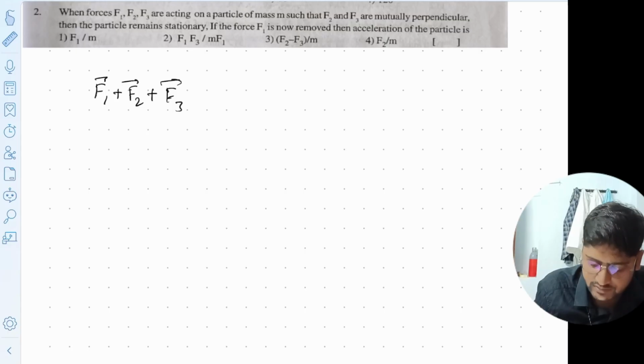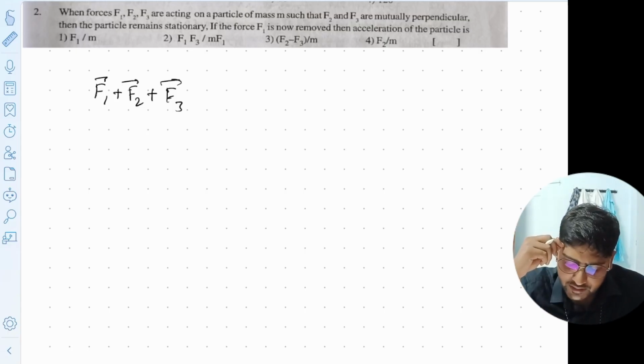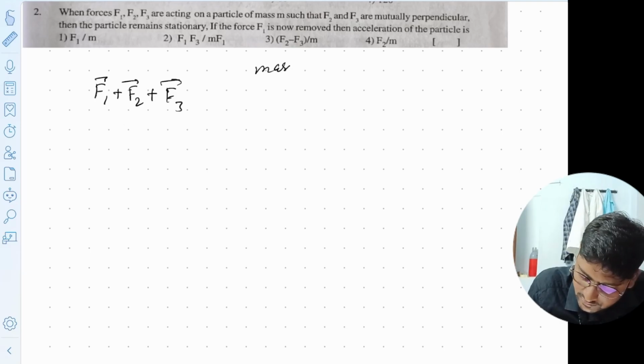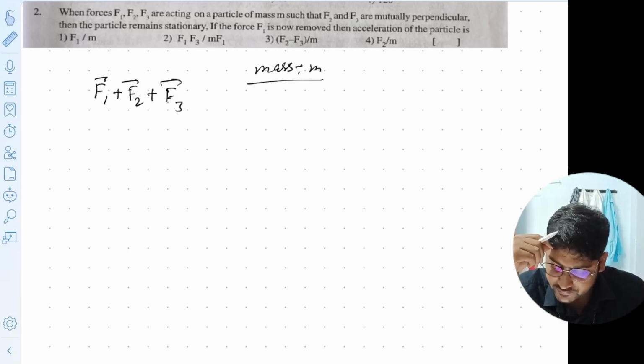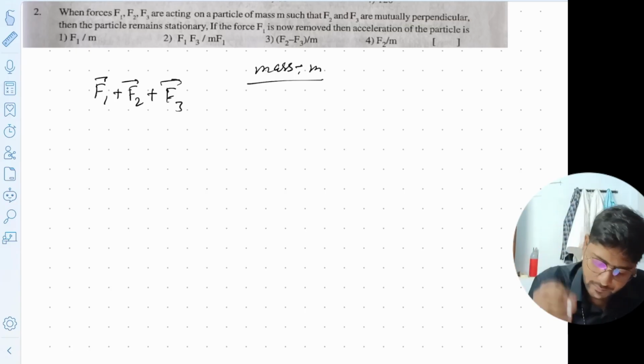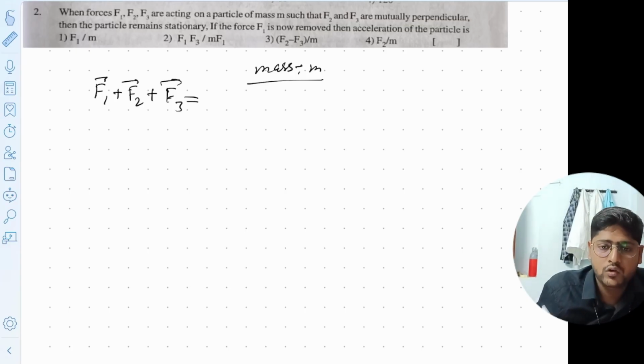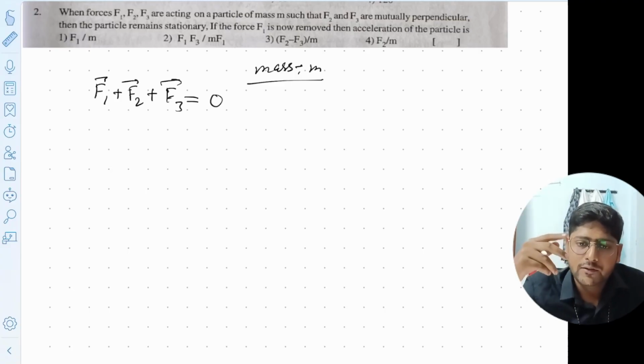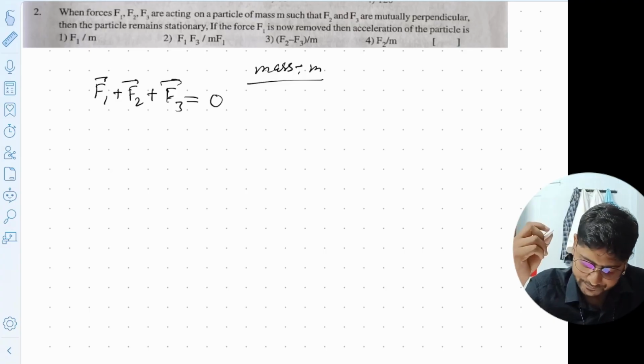The mass of the particle is m, such that F2 and F3 are mutually perpendicular. Then the particle remains stationary. Particle remains stationary means net force equals 0, because if the particle is stationary while forces are acting, the net force will be 0. That's why the particle is not moving.